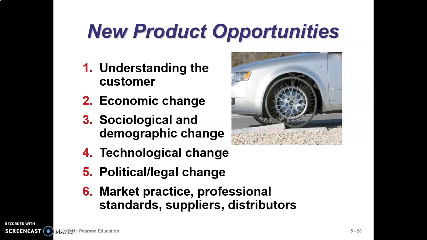The next one is political or legal changes, so we need to see the political issues, political factors, and the situation in certain countries. The last part is market practice and professional standards of suppliers and distributors. So what are the current practices, and whether we can set up the business or this product or not.